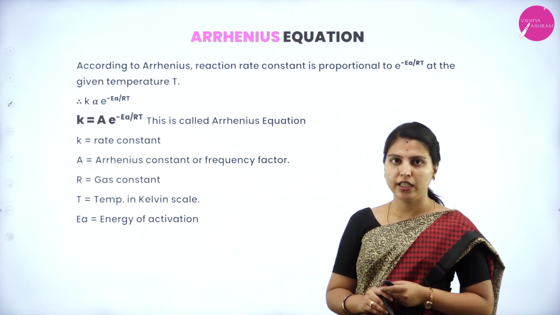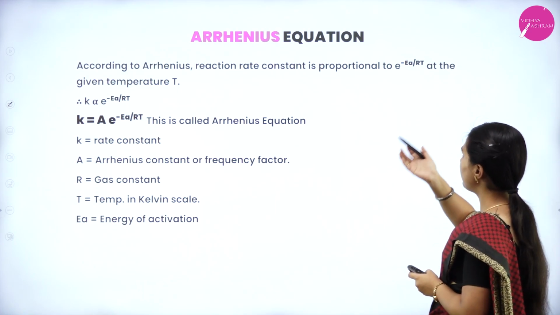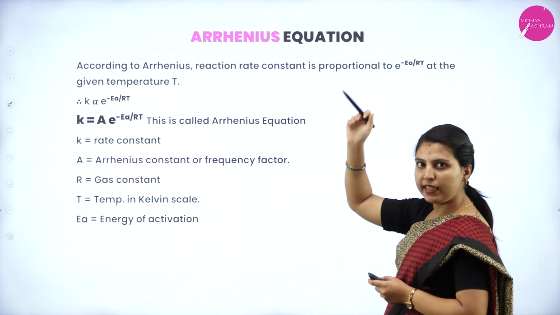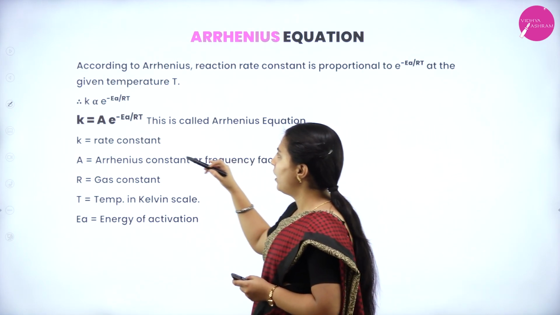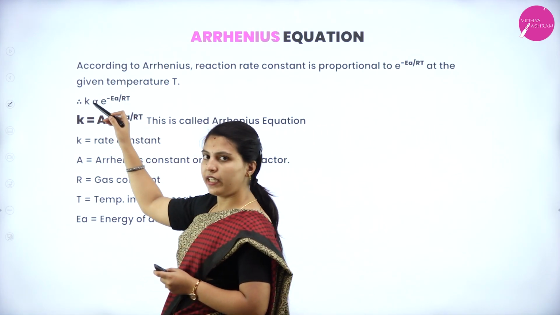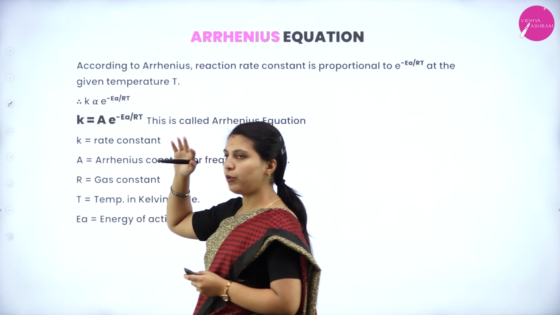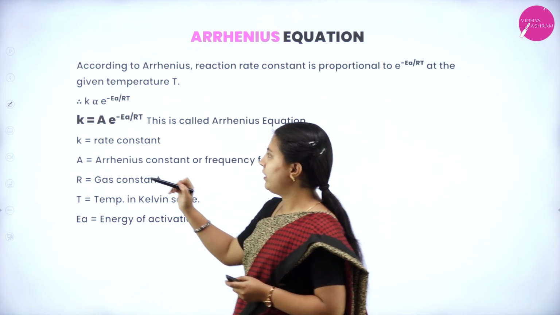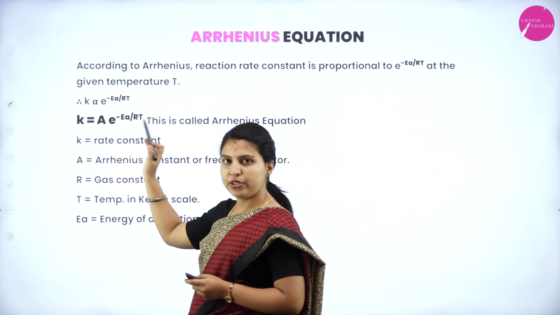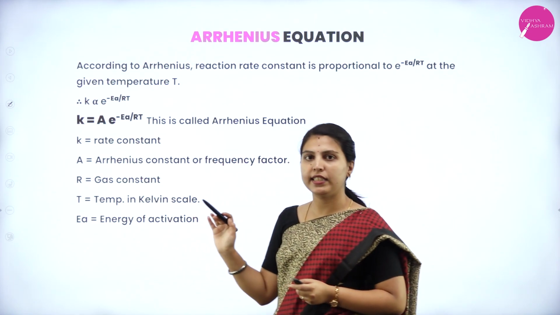Next, Arrhenius equation. According to the Arrhenius rate equation, the rate constant K is directly proportional to e to the power minus Ea by RT. Whenever a proportionality symbol is there, one constant should be present. So here A is there, that is Arrhenius constant.